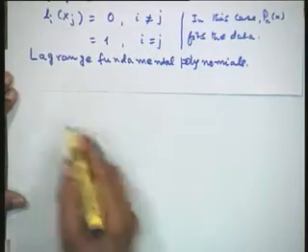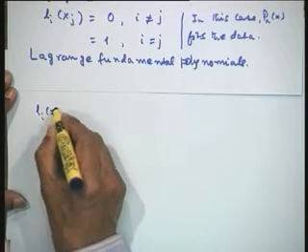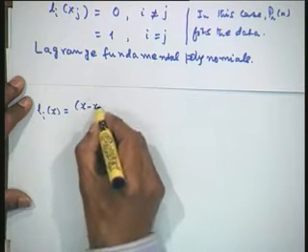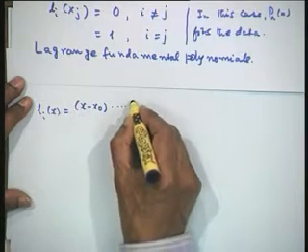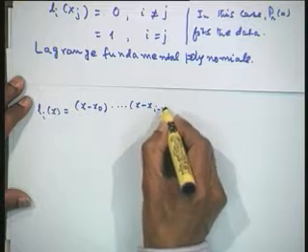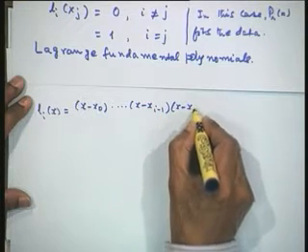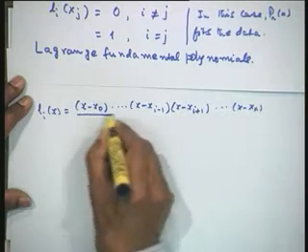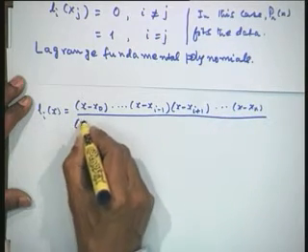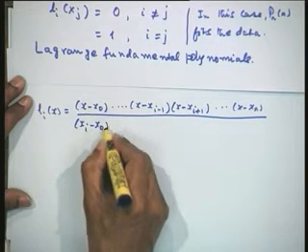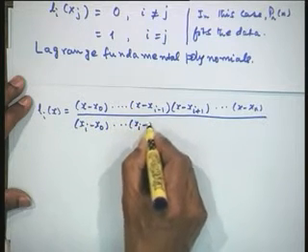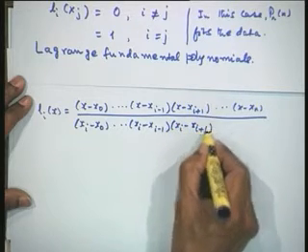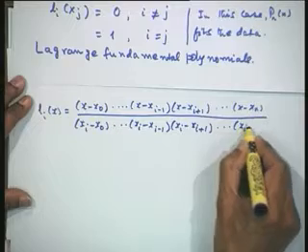That means, I can now define a polynomial L i x as equal to, in the numerator, x minus x naught, all the products, x minus x i minus 1, x minus x i plus 1, x minus x n, and in the denominator I will have x i minus x naught, x i minus x i minus 1, x i minus x i plus 1, x i minus x n.